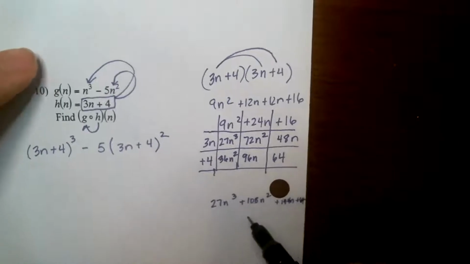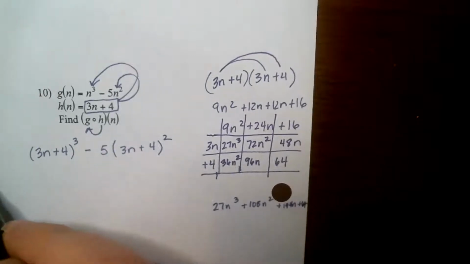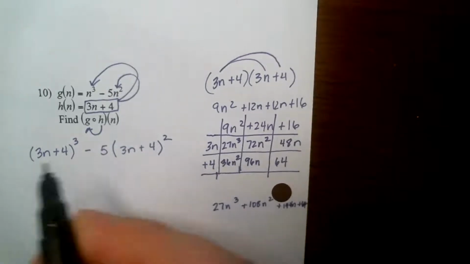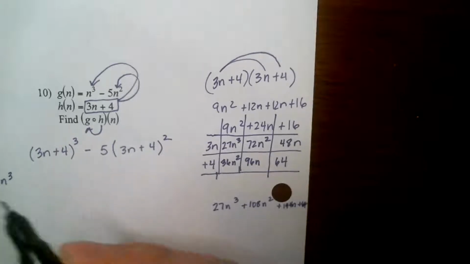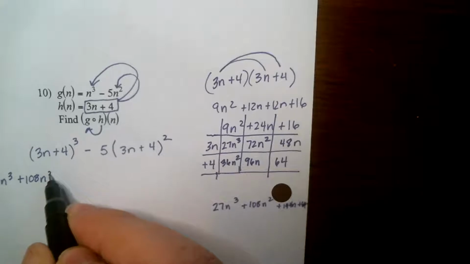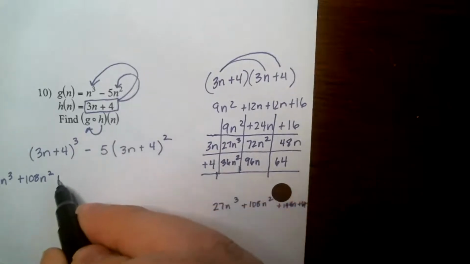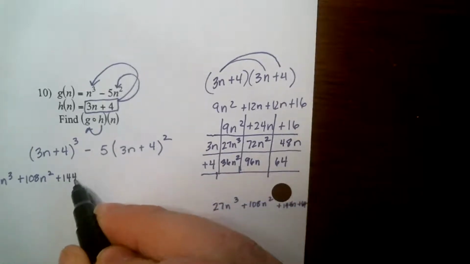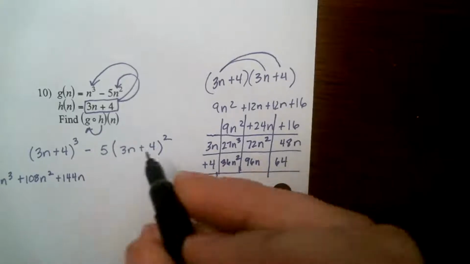Sorry, that gets really crazy right there, so I'm just going to rewrite here. 27n cubed plus 108n squared plus 144n plus 64.